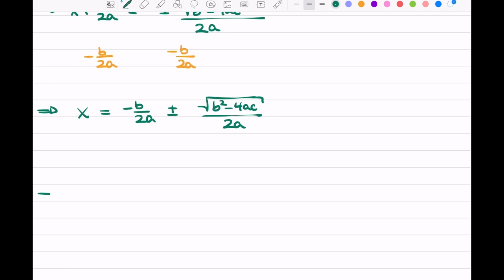We have two fractions with common denominators, so we can add our numerators. We'll have negative b plus or minus the square root of b squared minus 4ac, all of that, over 2a. And now we have our quadratic formula. We found the values of x that correspond to y equals 0. In other words, we found the roots. We found where the parabola crosses the x-axis.